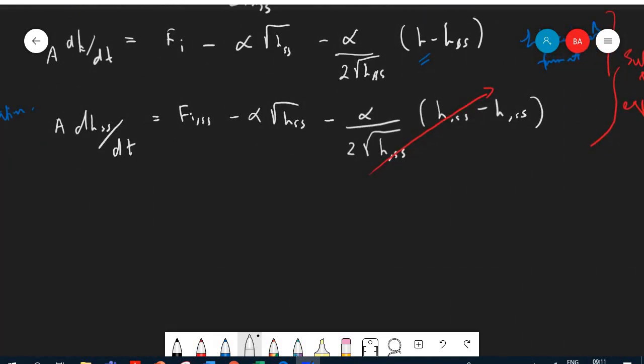And if you do this, you will get d(h minus h steady state) by dt is equal to fi minus fi at steady state.